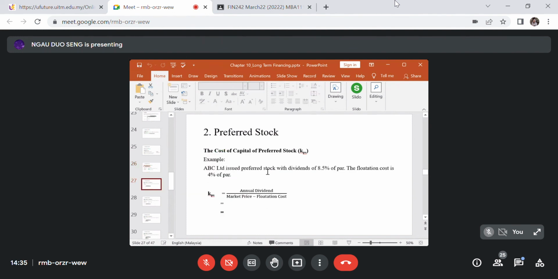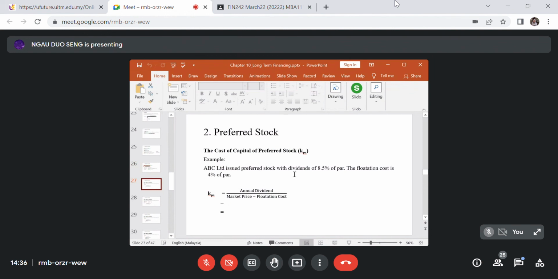Next, we have contoh ABC Limited issue preferred stock with dividend of 8.5% of par. Is it? Of par, so kita guna par lah. The flotation cost is 4% of par juga. So in this question, kalau kita refer the formula, it is using market price. Alright, using market price. But in the question, they have never stated any market price.